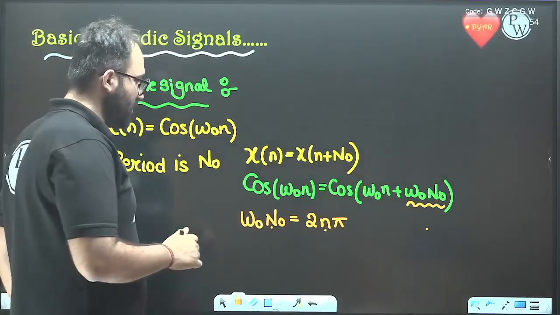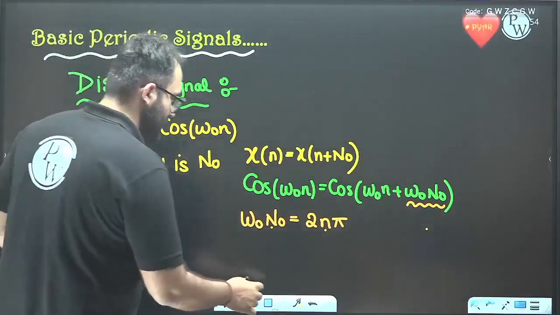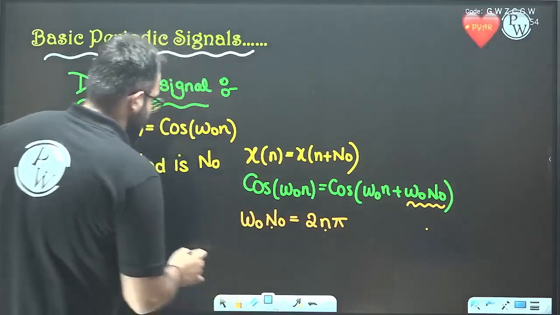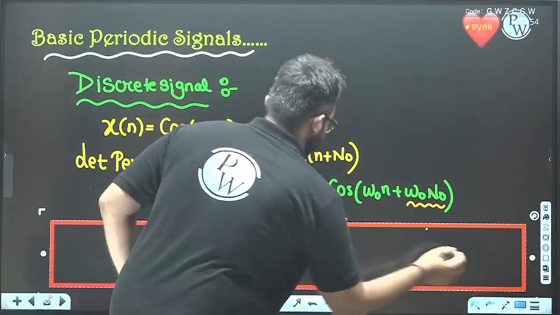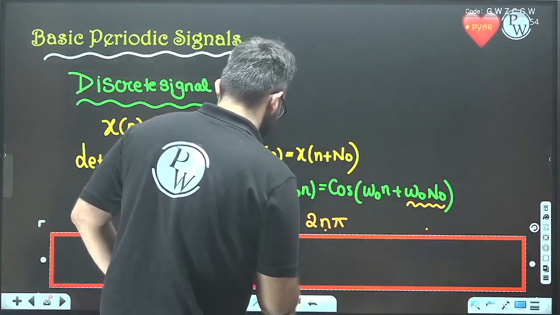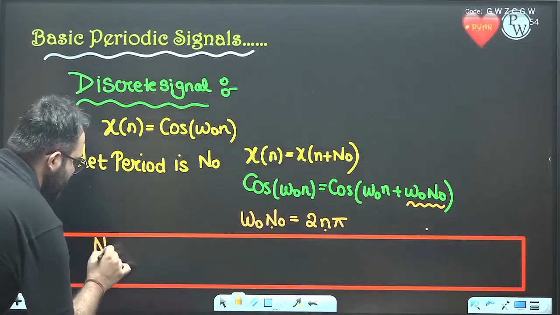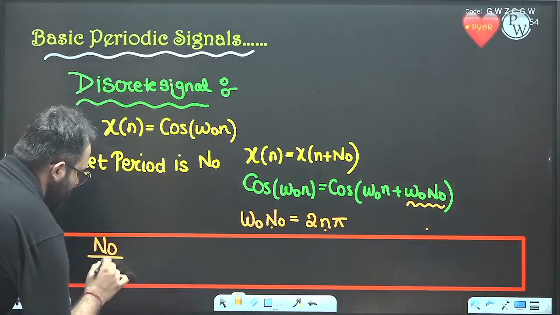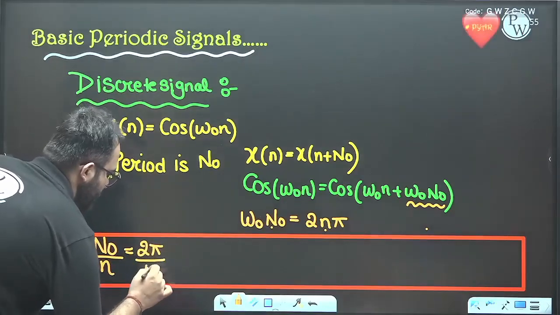Now here we have a very important condition. From here we can see that N naught upon small n is equal to 2 pi by omega.